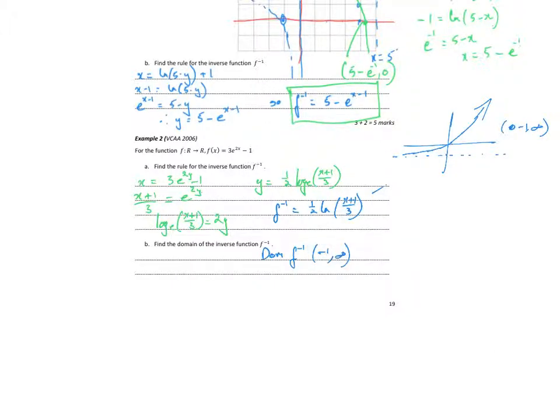Does that seem reasonable? If I put -1 in here, I get -1 plus 1, which is 0. Natural log of 0 is undefined, isn't it? So we can't have -1, so that makes sense. We can have anything slightly bigger.